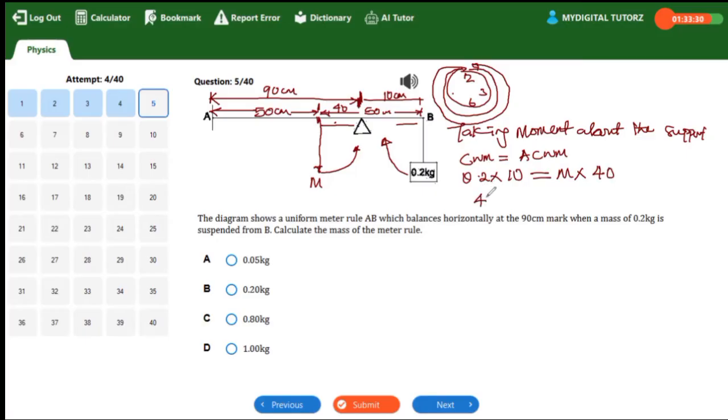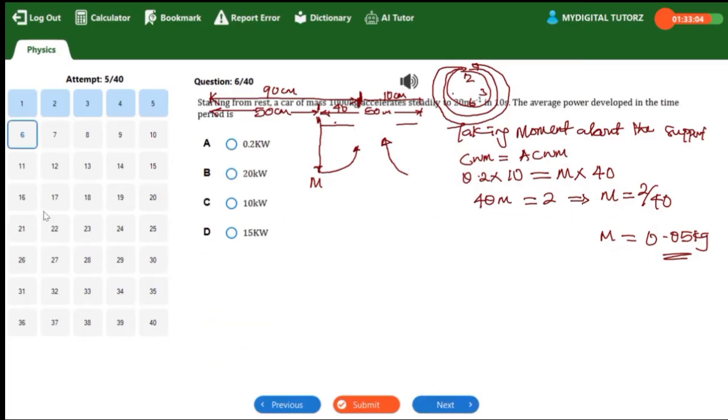So we can say we have 40 m equal to 2, which implies that m is equal to 2 all over 40. When you divide 2 by 40, you have 0.05 kilogram. I hope this is understood, that will give us option A to be the correct option. Are we together?